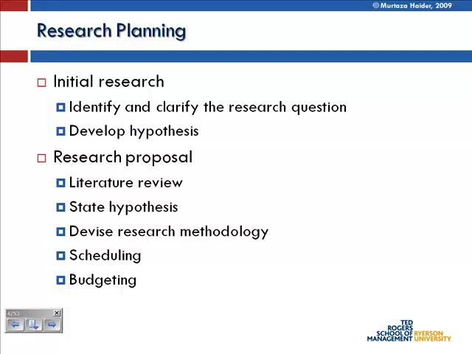Will it take you 3 months to do this, 6 months to do it? And in real research, you have to come up with a budget as well. How much will it cost, or what time period to do that type of research? So that is the literature review, the stating of hypothesis, the research methodology, scheduling, as well as budgeting. This is all part of the research proposal.